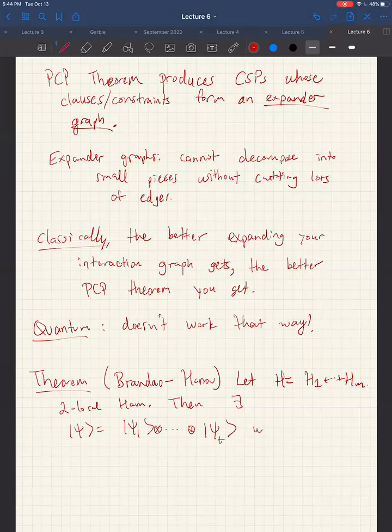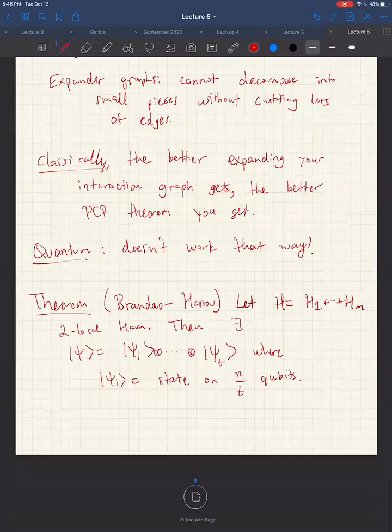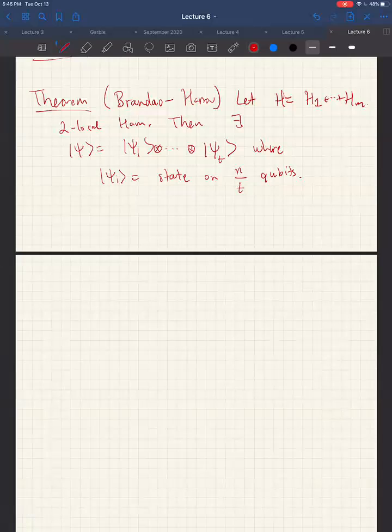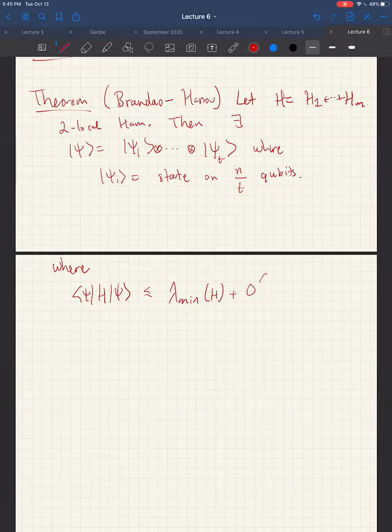where each psi_i is a state on some small cluster of n over t qubits, where the energy of this product state is actually going to be pretty good. It's going to be the minimum energy plus something related to how good of an expander your graph is.